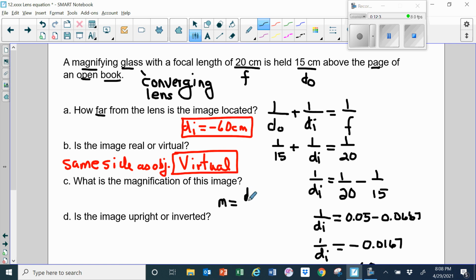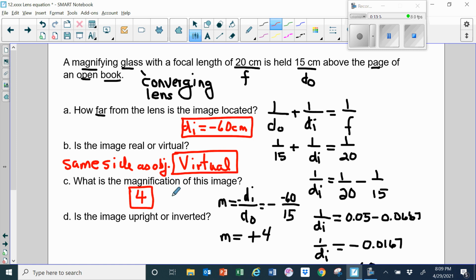So this is going to be a minus 60, leaving off units again, over DO, which is 15. And my magnification is, there are two negatives here, so they cancel. 60 over 15 is going to be positive 4. So my magnification is 4.